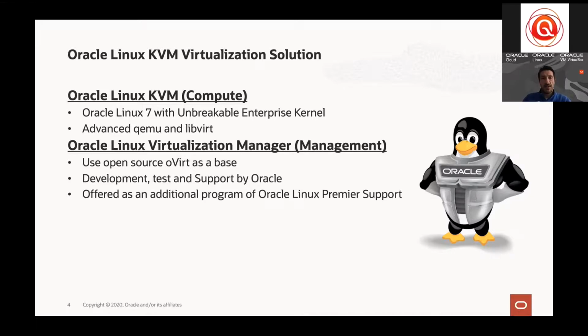I also want to remind you that what you can see here, so Oracle Linux 7, the UEK, and those advanced QEMU and libvirt releases, are also what we leverage today for many different components or options at Oracle. So it's not only the Oracle Linux KVM that you can install on commodity hardware, it's also the same KVM that, for example, runs on the Oracle Exadata X8M, the Exadata system that was announced in September 2019 at Oracle OpenWorld.